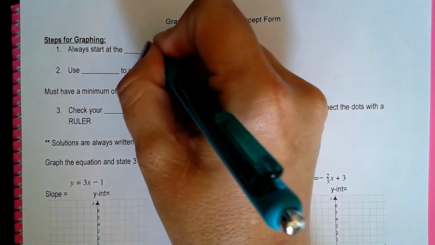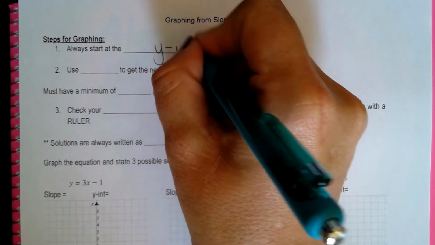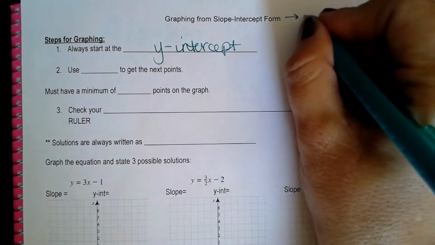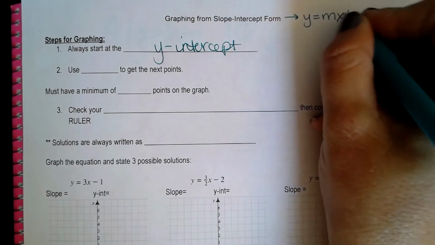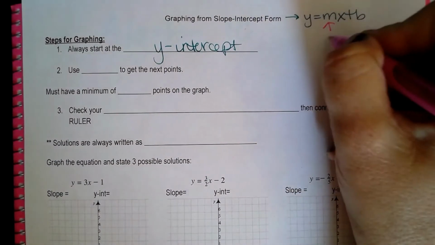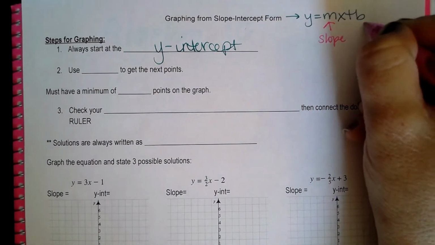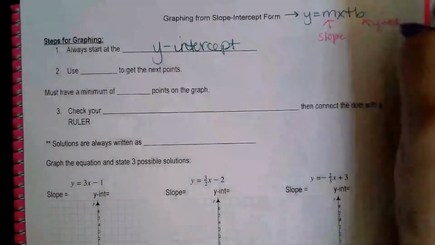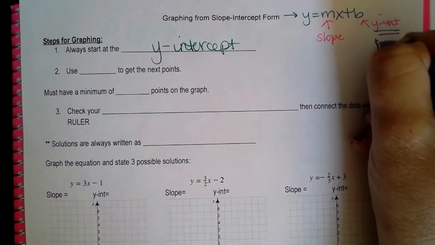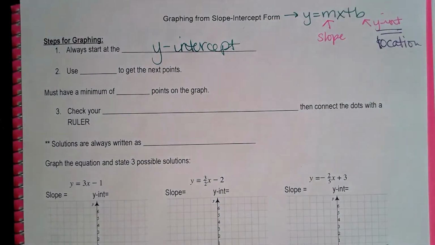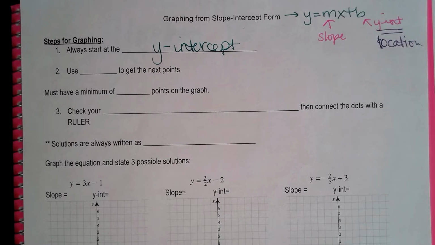So we always start at the y-intercept because in our slope-intercept form of y equals mx plus b, we're given two pieces of information. We're given the slope and we're given the y-intercept. The y-intercept is a location, okay? And so that can give us a place to start.